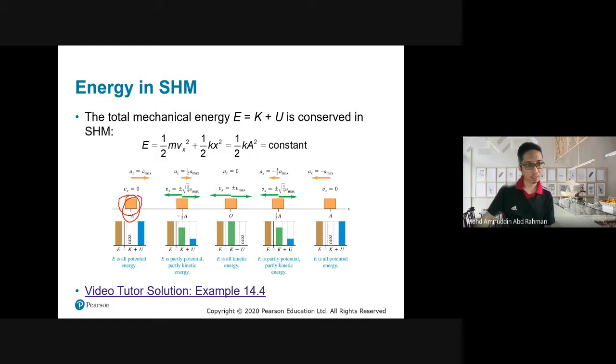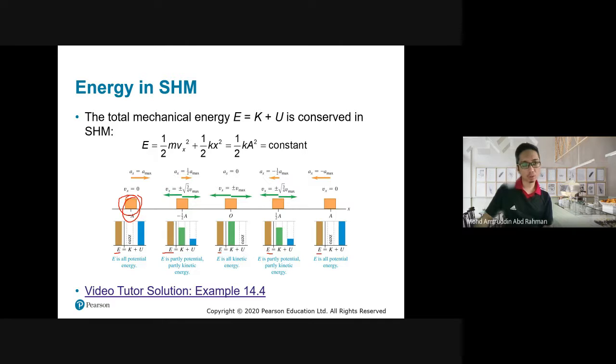Then it moves toward a location, for example, here is minus half A. You see that over here the total energy is conserved. So E is the total energy, it is conserved, except that we have change of K and also U.